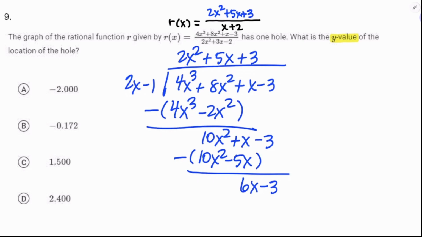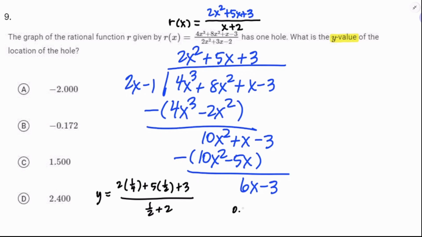Okay, so the location of the hole is, I'm going to plug in the x coordinate of the hole, which is x equals 1/2, to r of x, and get y equals 2 times 1/2 squared is 1/4, plus 5 times 1/2, plus 3 over 1/2 plus 2. Yeah, that's right.